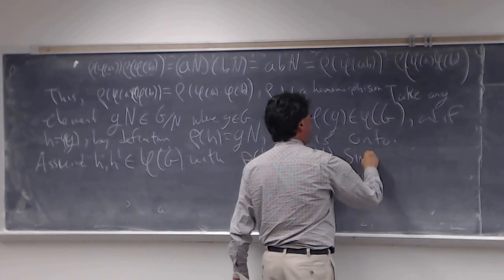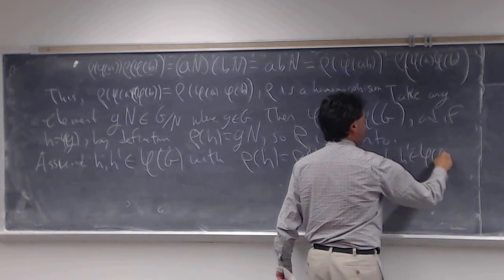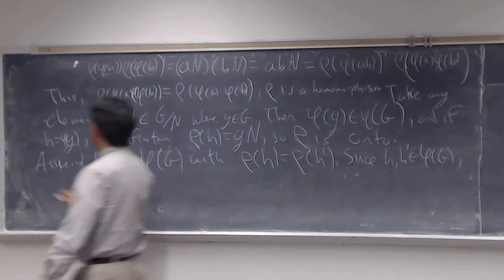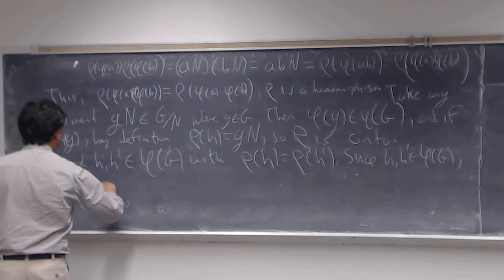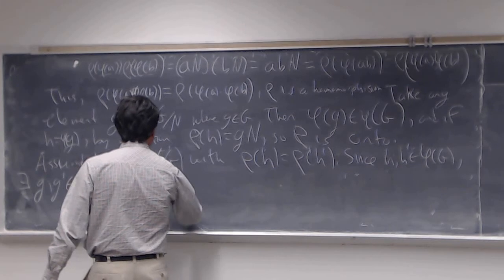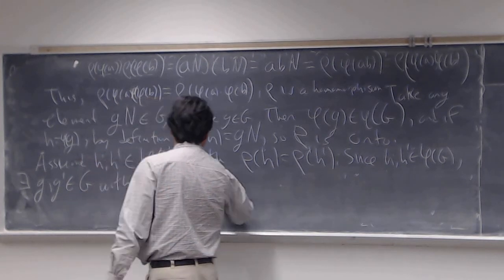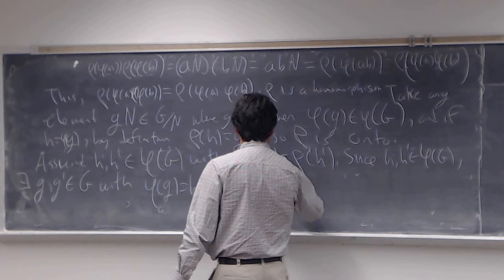So since H and H prime are in phi of G, that means there exist two elements, G and G prime, in G, that phi will map to H, and phi will map G prime to H prime.